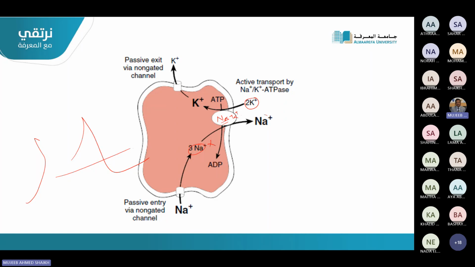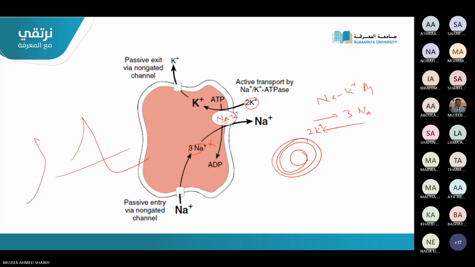So this picture is showing the same thing, that in every cycle, this cycle is going on. In one turn, it is throwing 3 sodium out and taking 2 potassium in. This is the function of the sodium potassium ATPase pump. Why is it called the ATPase pump?